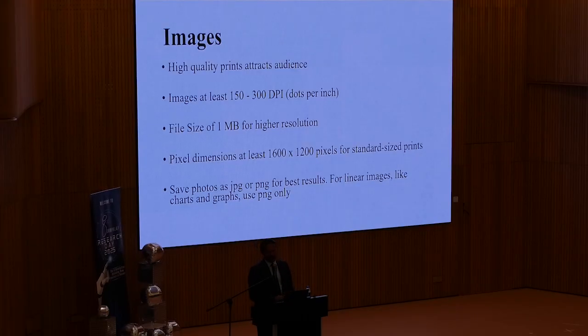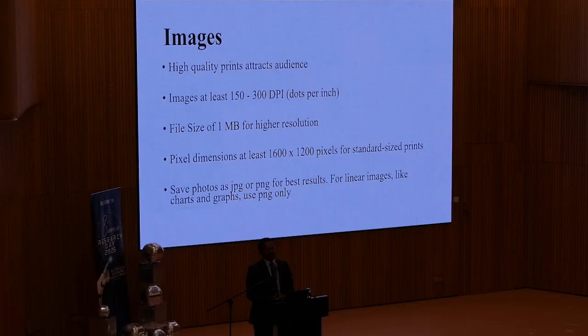We call it 1600 to 1200. This is for standard prints. So you get high, lovely images, and you store it in JPEG or PNG. For those of you using linear images, I think Dr. Tong showed earlier, linear images are little arrows that show one way or other. You can store it in PNG format.